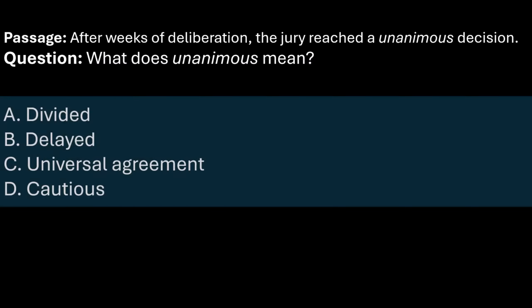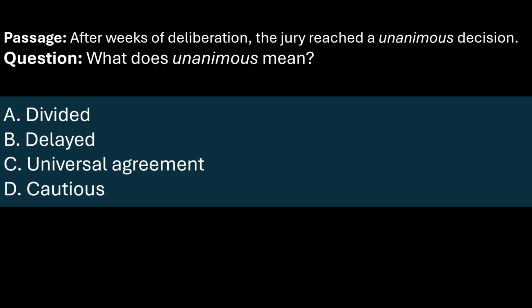After weeks of deliberation, the jury reached an unanimous decision. So what does unanimous mean? The options are unclear, divided, delayed, universal agreement, cautious.